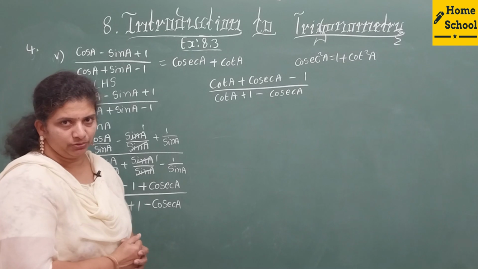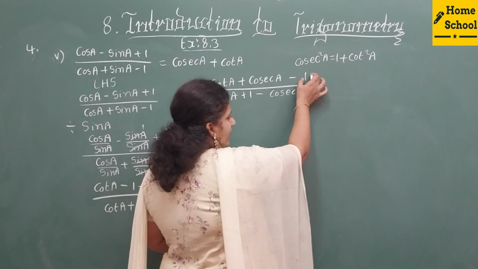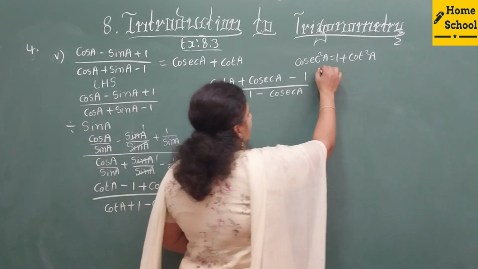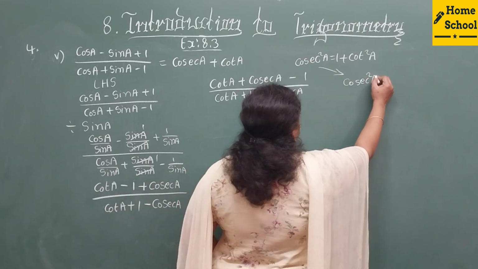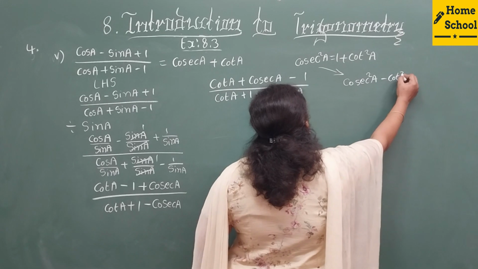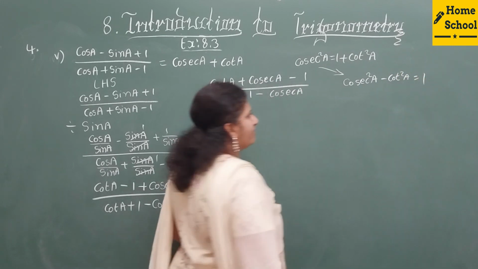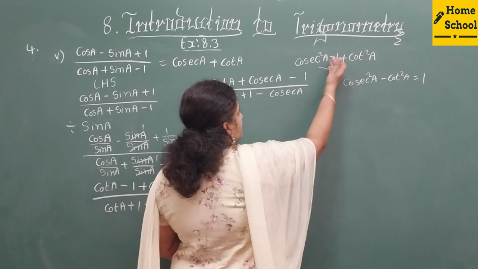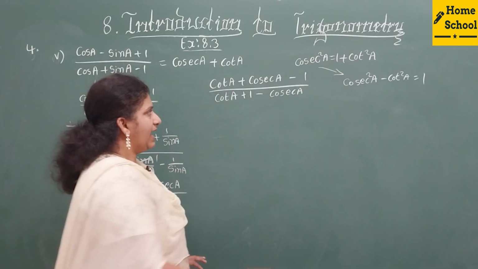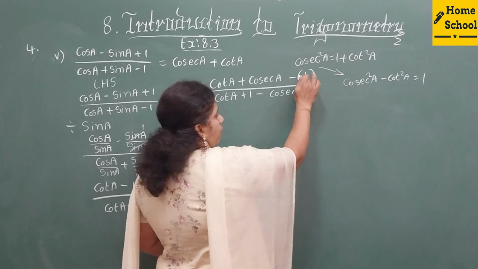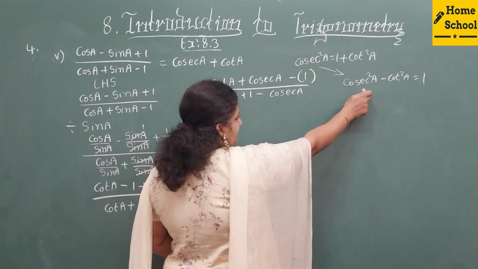Now what I am going to do? Instead of 1, I am going to write something. By using identity, what is cosecant square A minus cot square A? That is 1, right? If you send this cot square A this side, minus cot square A, that equals 1. Now, in place of 1, substitute this one.